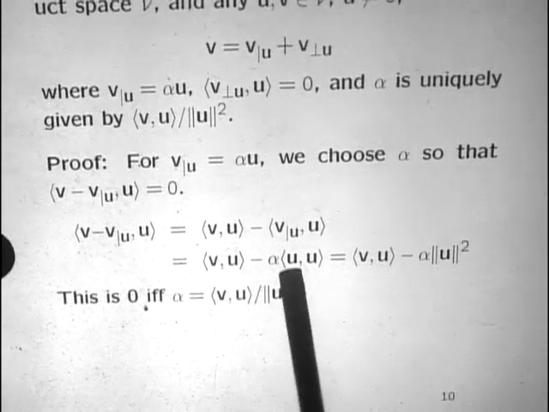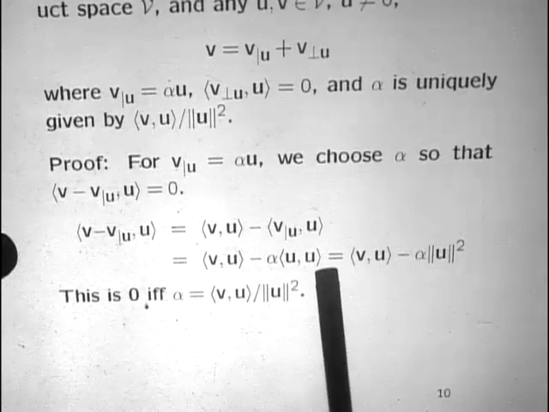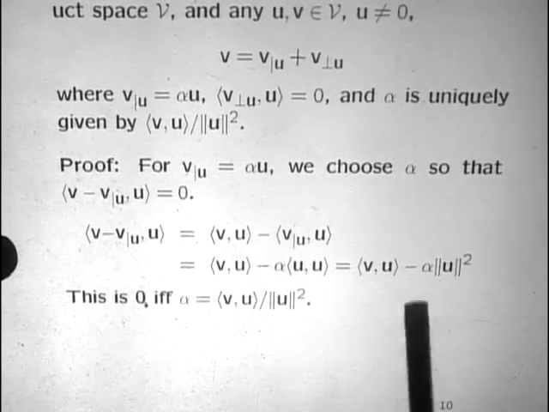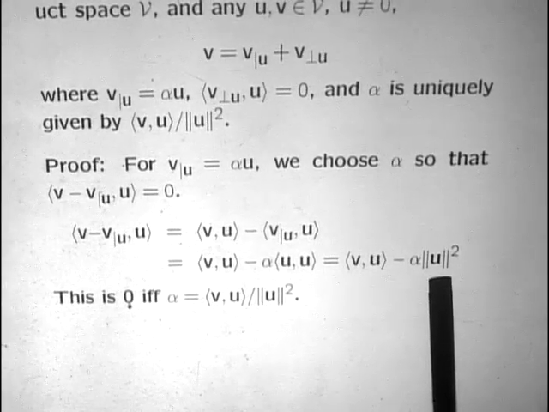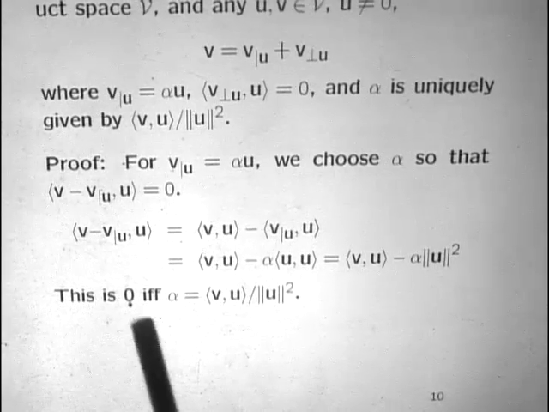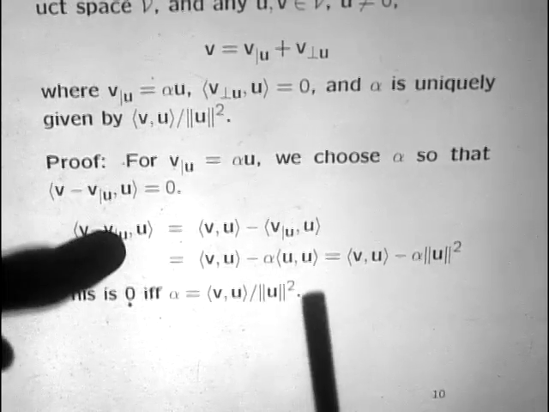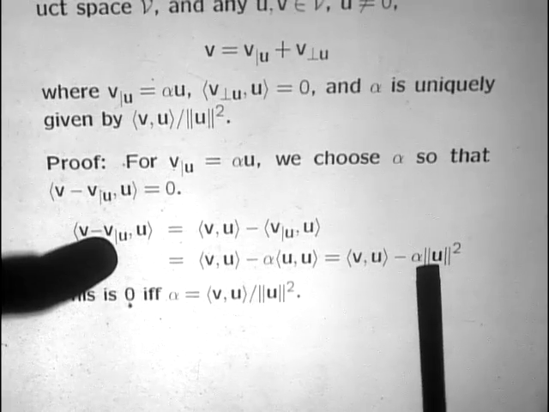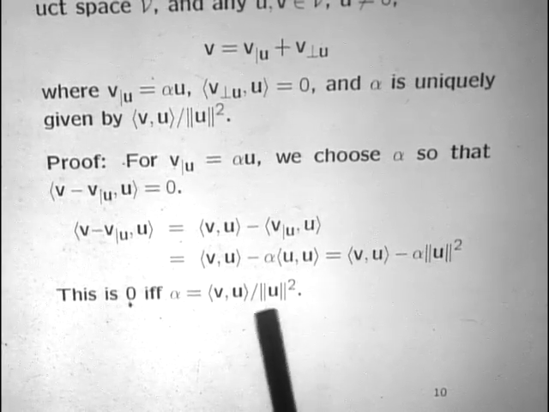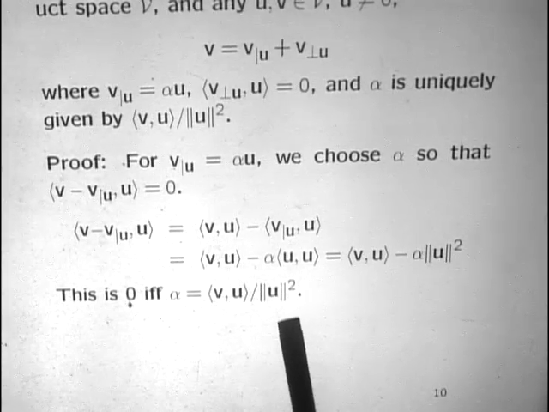So it's alpha times the inner product of U with itself. That's the norm squared of U. So this is the inner product of V and U minus alpha times the norm squared. This is 0 if and only if you set this equal to 0, and the only value alpha can have to make this 0 is the inner product of V and U divided by the norm squared. Okay?